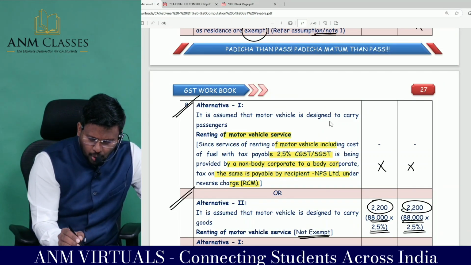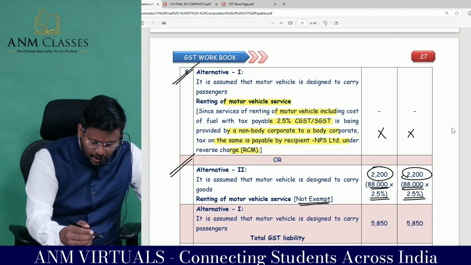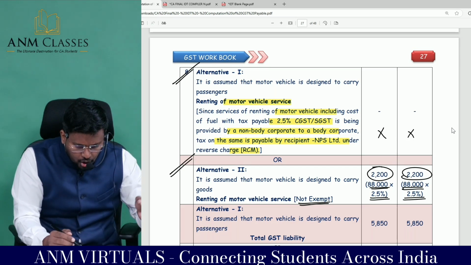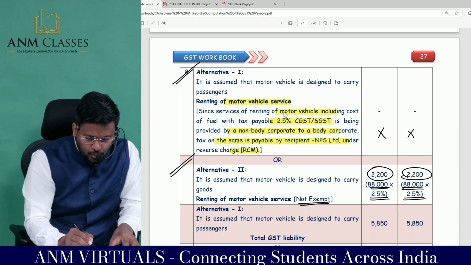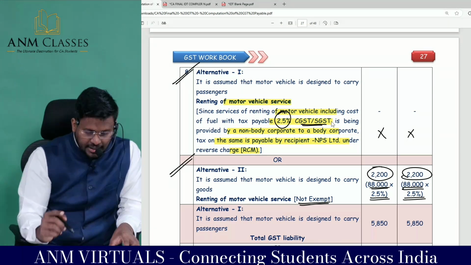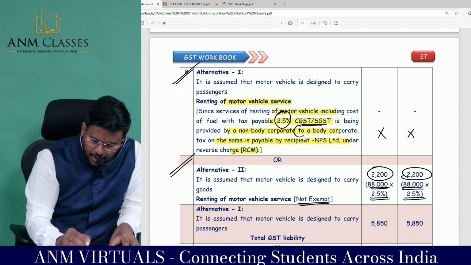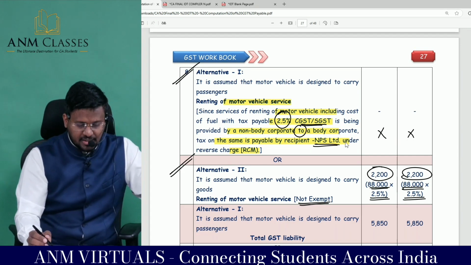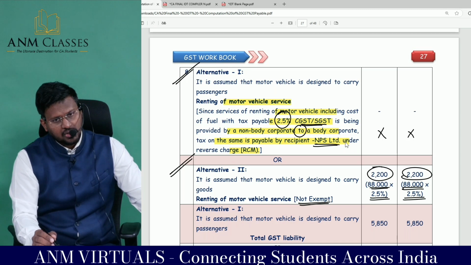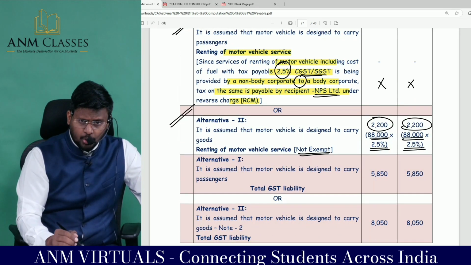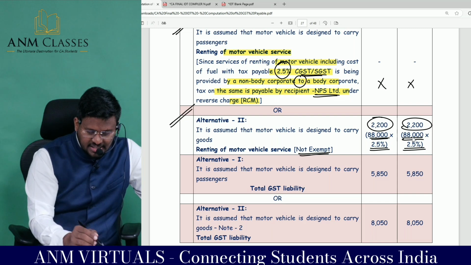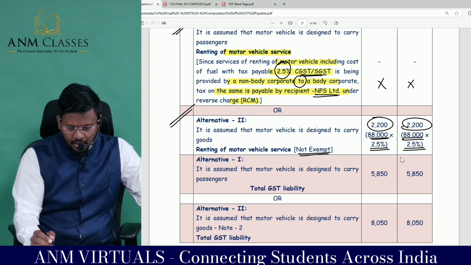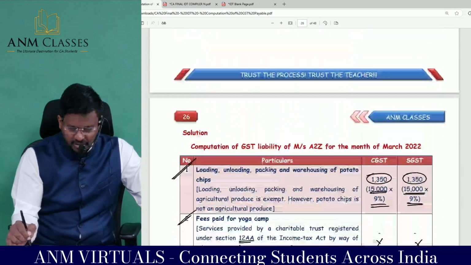It is assumed that the motor vehicle is designed to carry passengers, then since service of renting of motor vehicle including cost of fuel with tax payable of 2.5% CGST and SGST is being provided by a non-body corporate to a body corporate, the tax on the same shall be payable by the recipient, that is NPS Limited, under reverse charge. Or alternative number 2, it is assumed that the motor vehicle is designed to carry goods. So renting of motor vehicle is not exempted. It is 88,000 into 2.5 percent.